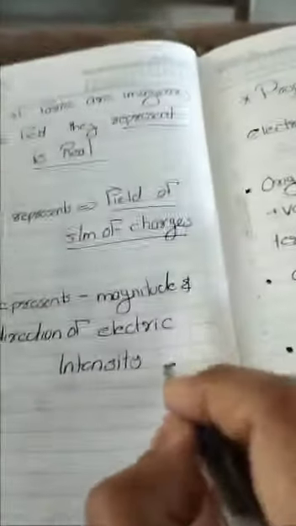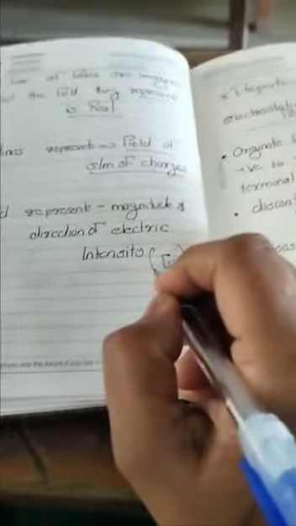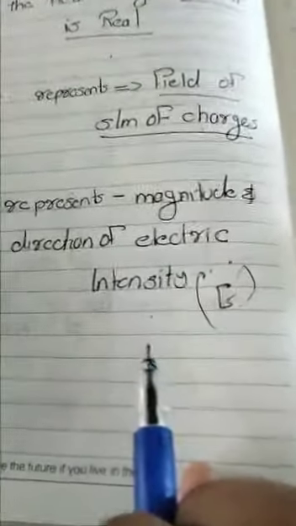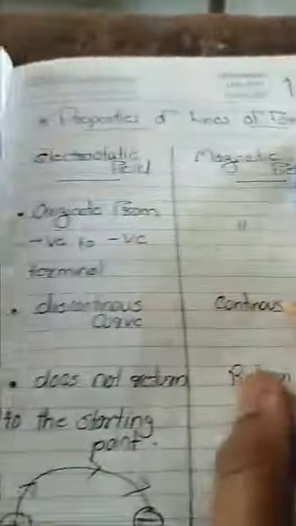Capital E is called electric intensity, which is 1 by 4 pi epsilon 0 Q divided by R square. Okay, next, properties of lines of force.